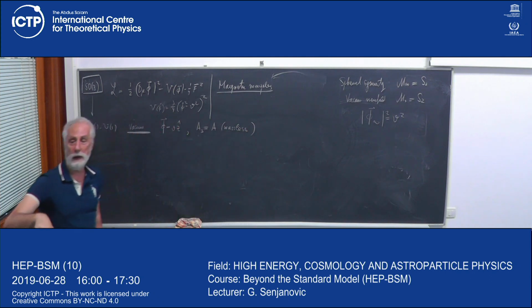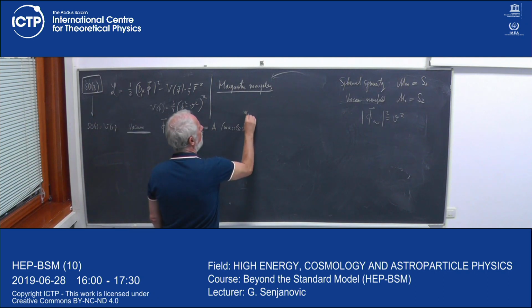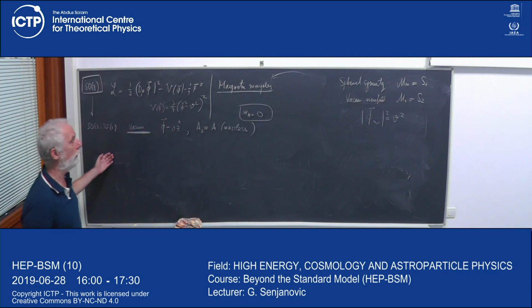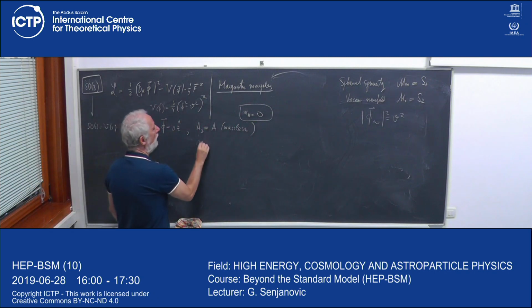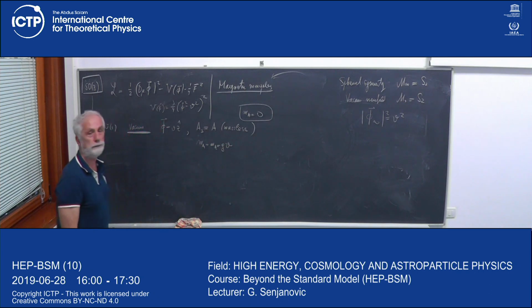I can still rotate around that direction, MA0. Because of SO2 symmetry, MA1 was equal to MA2, which was equal to GV. Remember?